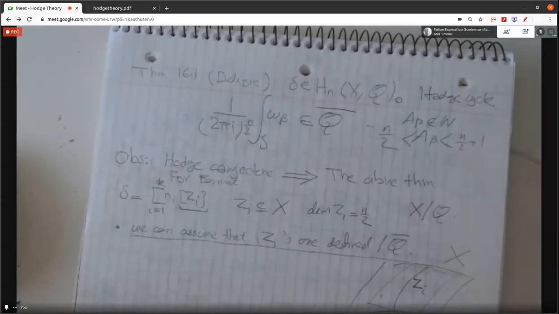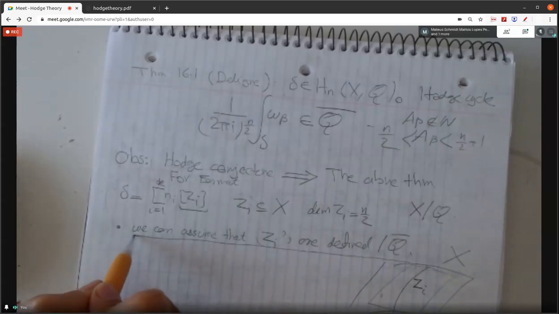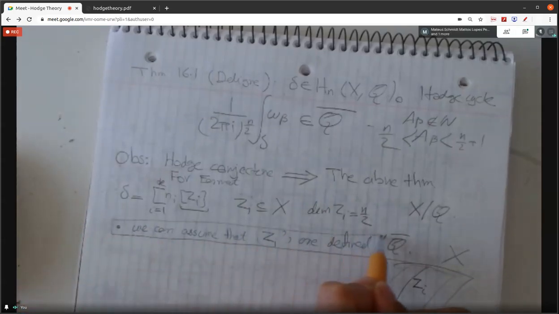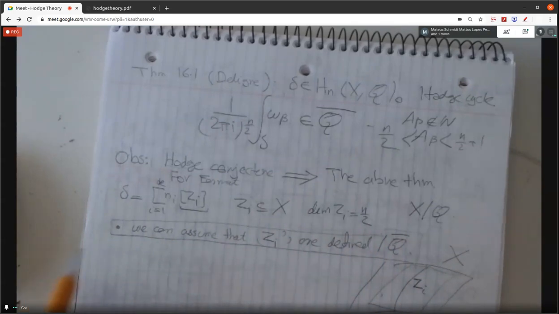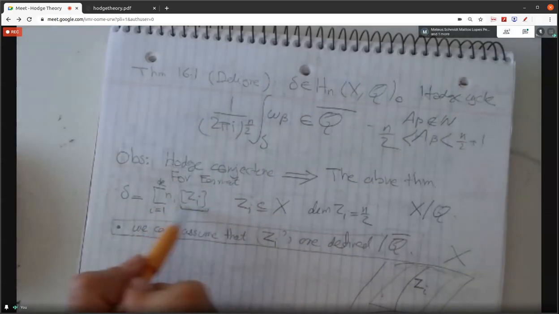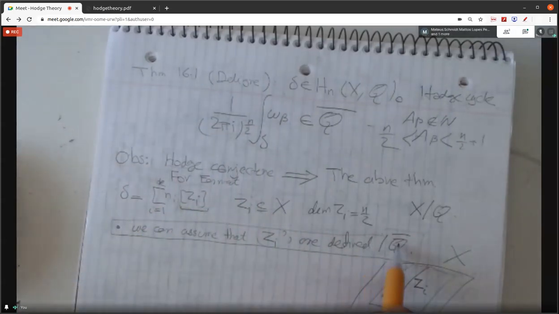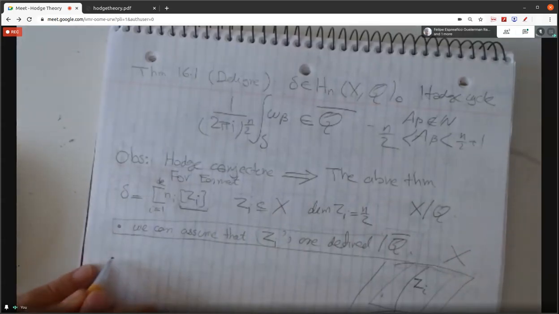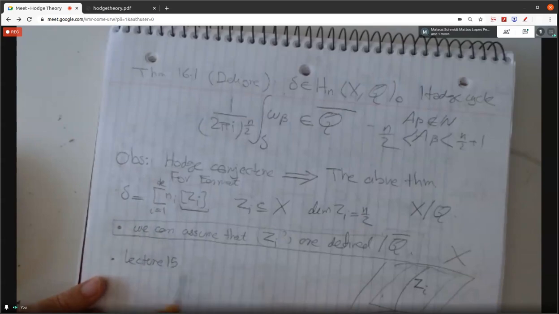But for now, just a curious fact: whenever we find some algebraic cycles and we are just interested in the homological class of that algebraic cycle, then we can assume that such an algebraic cycle is defined over Q bar. And then it comes from the next fact from lecture 15.